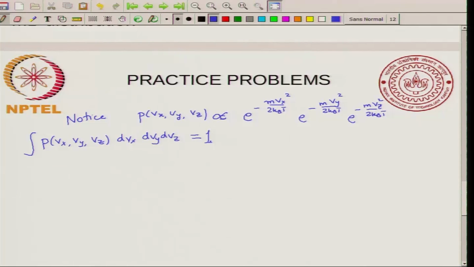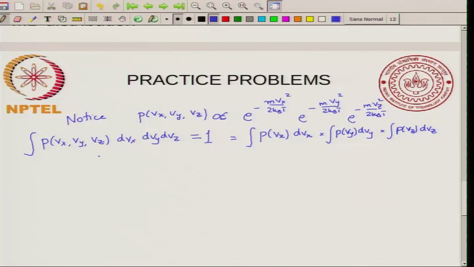Now, because I see that this factors into 3 factors, I can write this as integral P of Vx dVx into integral P of Vy dVy into integral of P of Vz dVz, and I am going to insist that each of these is equal to 1. I am going to normalize each of these distributions separately.